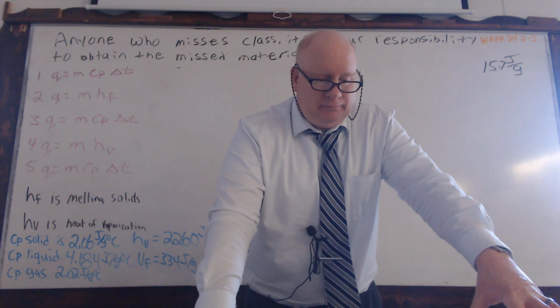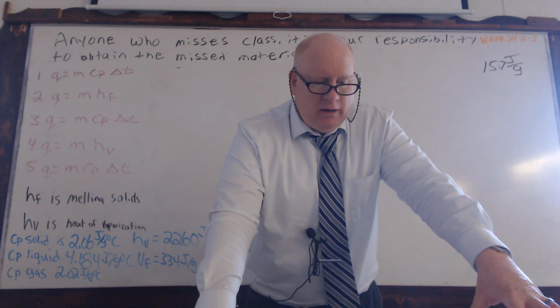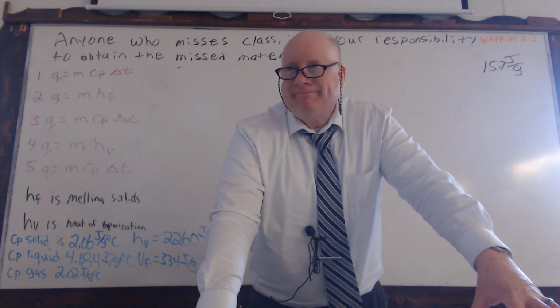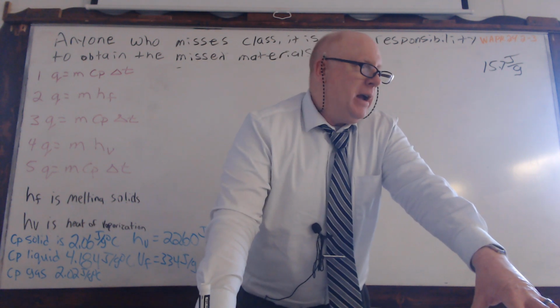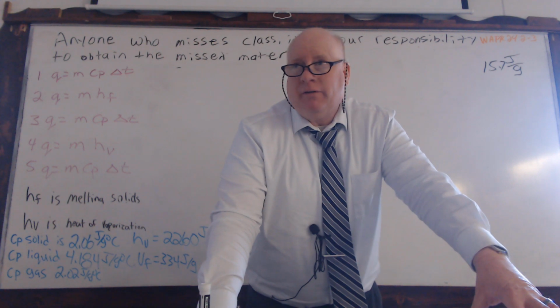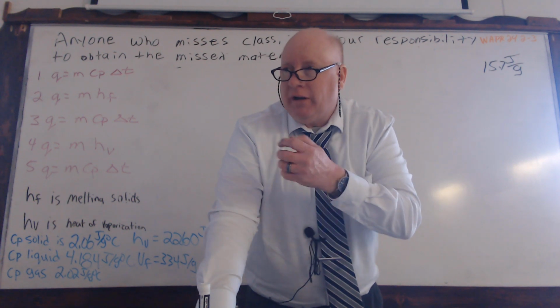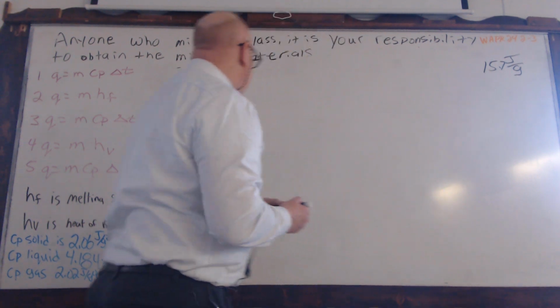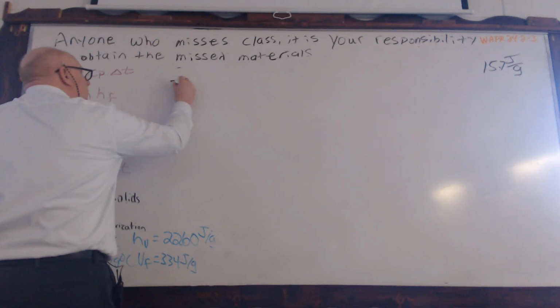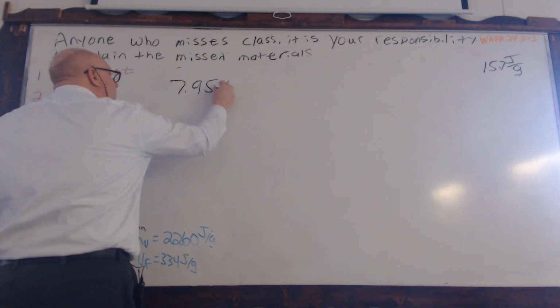6.0. You could. Or 7. If you're given a mass in the problem, that's probably the best place to start. There again, that comes with experience. Okay? So if we got 7.95 times 10 to what?